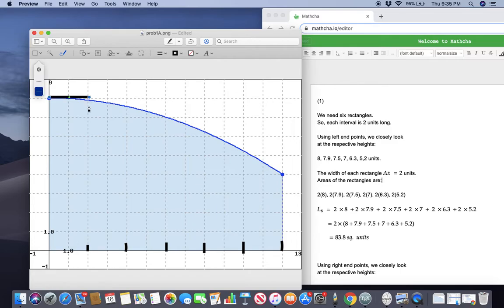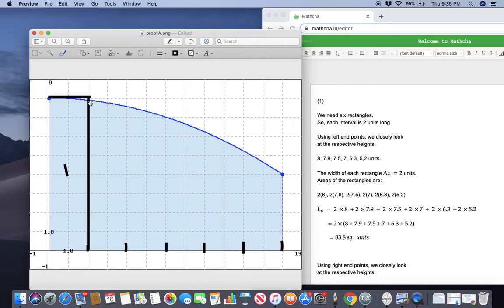That's the height for this rectangle. So that's my rectangle 1. Rectangle 2 will begin here, and I am supposed to use the height using the left end point. So what is the left end point of this interval? Here. This point reaches the curve here, slightly lower than the previous rectangle.